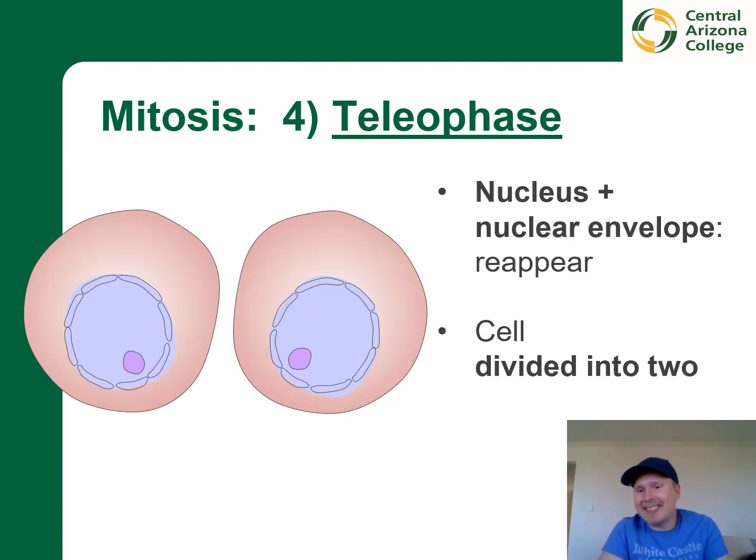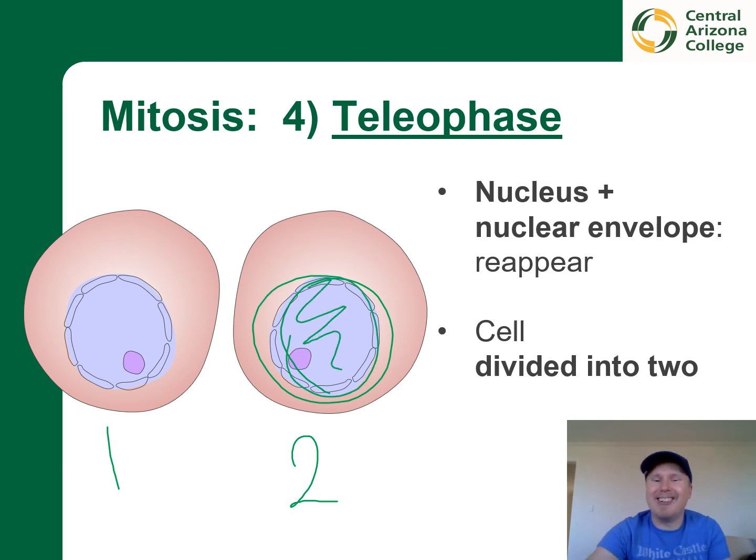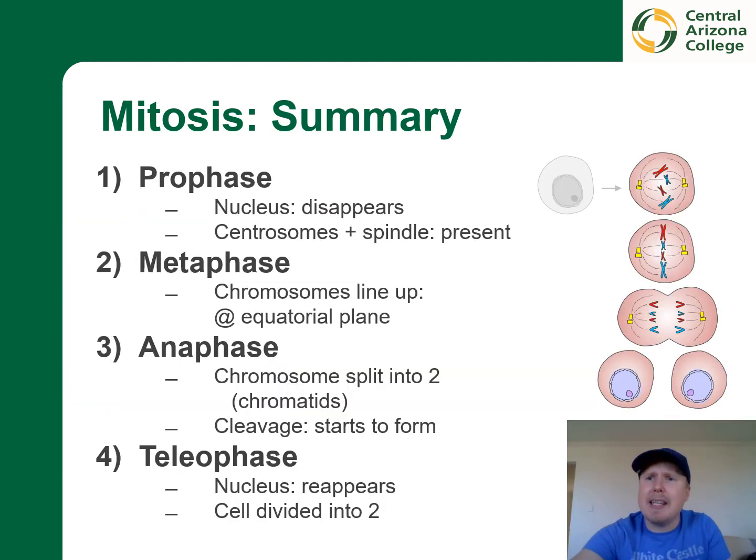And the final stage, this is called telophase. What happens here is that the cell has now divided into two. And we also notice that the nucleus and nuclear envelope reappears. So comes back. So here we see a summary of these phases of the mitosis.